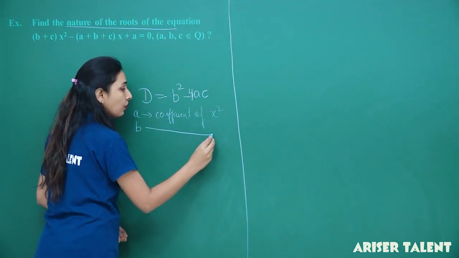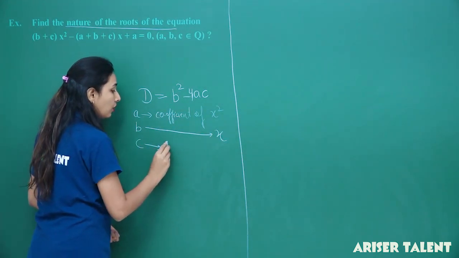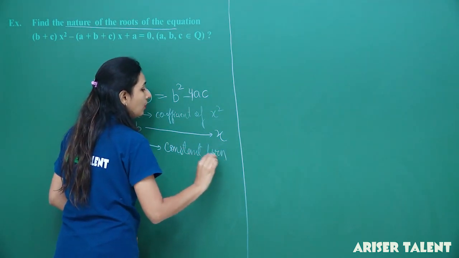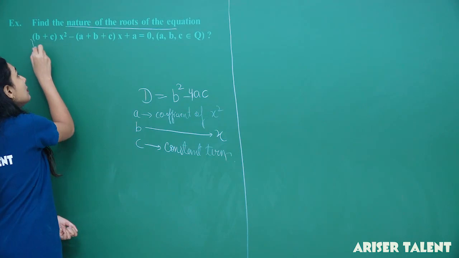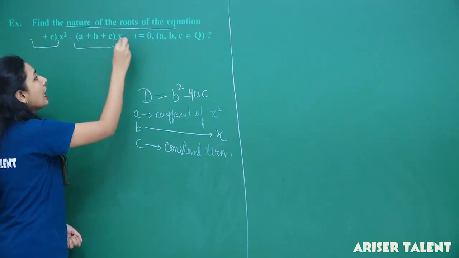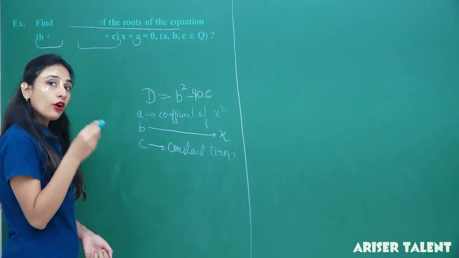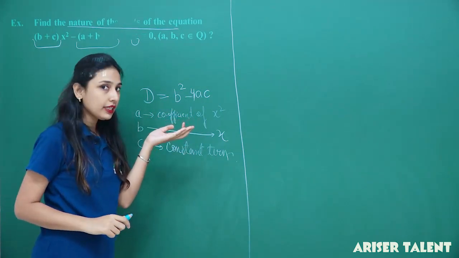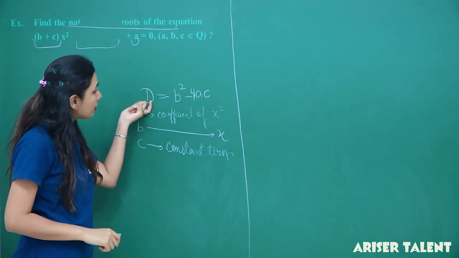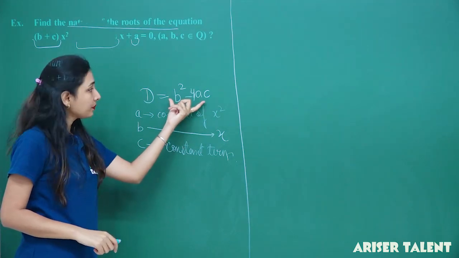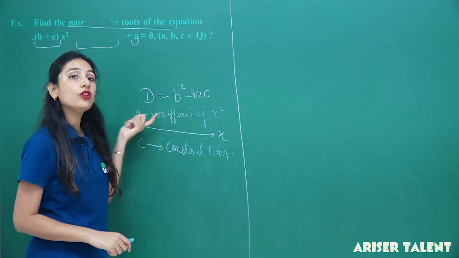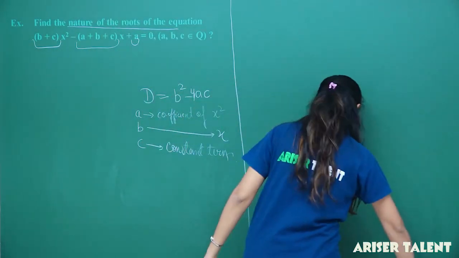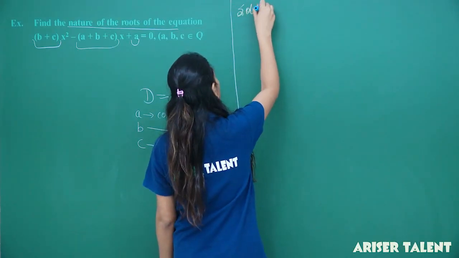B is the coefficient of x, and c is the constant term. Now look at this given equation. This will be your a, this will be your b, and this will be your c. What you are going to do is just follow this equation and get the answer. Now the nature of this particular value will show you the nature of the roots. These are connected.